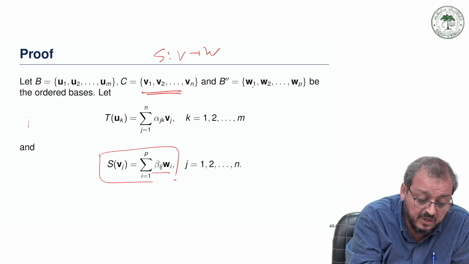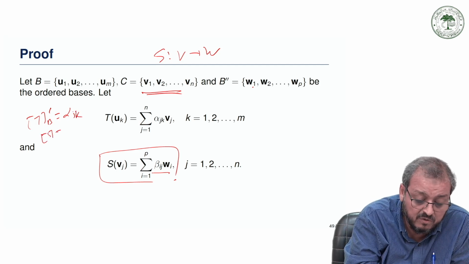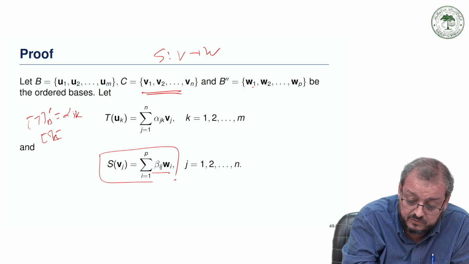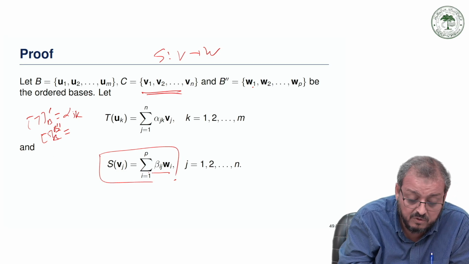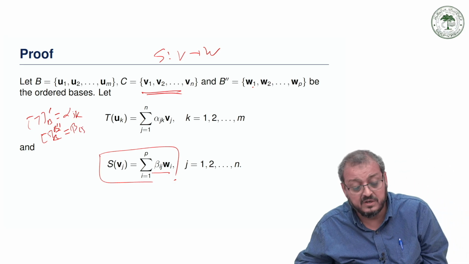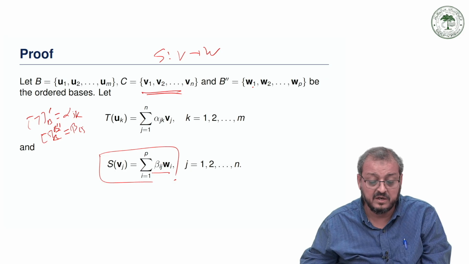Now from this we can say that the matrix of T with respect to B and C has entries alpha jk, and the matrix of S with respect to C and B double prime has entries beta ij. This is the form we can write.